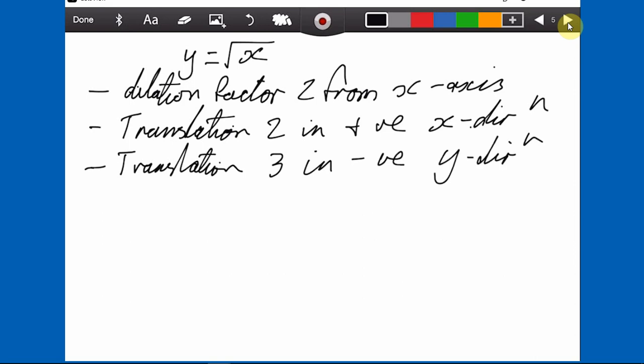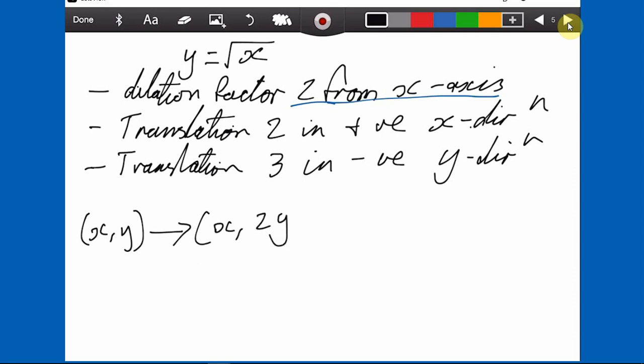All right, so we need to think about what's going on. If we start with our original, x and y, then we've got our dilation of factor 2 from the x-axis. That means the y value increases. The x stays the same, and the y value increases by doubling.